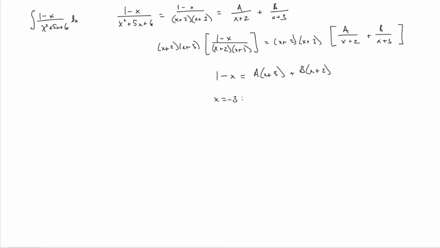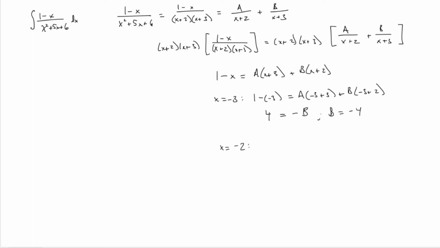For example, when x equals negative 3, we get 1 minus negative 3, or 1 plus 3, on the left, and then a times negative 3 plus 3, which is why I picked x equal to negative 3, because negative 3 plus 3 is 0, and that term will go away, and then b times negative 3 plus 2. That gives us that 4 is equal to negative b, so b is negative 4.